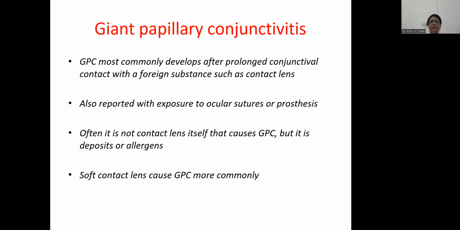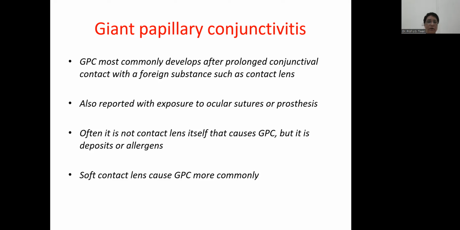Then comes the giant papillary conjunctivitis, also called GPC. It most commonly develops after prolonged conjunctival contact with a foreign substance such as a contact lens. So the contact lens wearers may show this kind of allergic response. It has also been reported with exposure to ocular sutures or prosthesis.